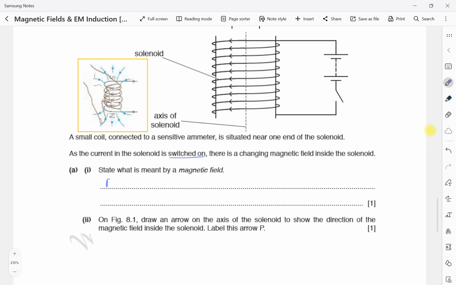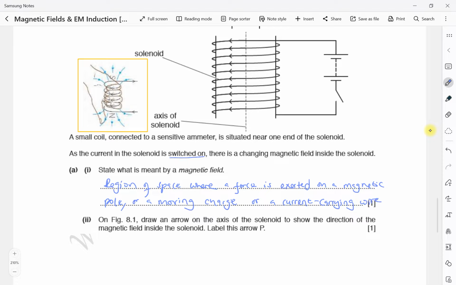So we said a magnetic field is a region of space where a force is experienced or exerted on a magnetic pole or a moving charge or a current carrying wire or current carrying conductor.